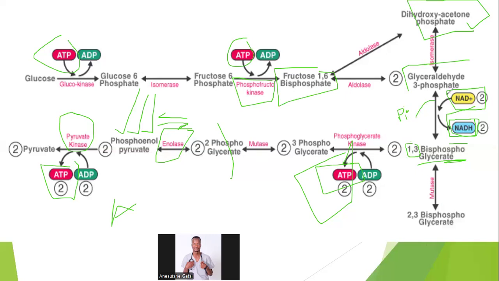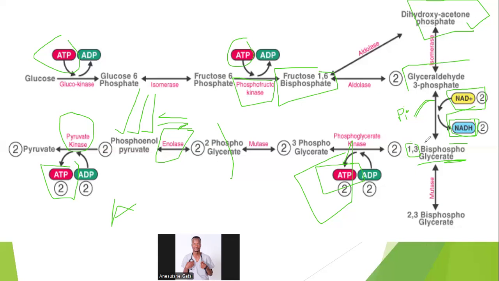Then we got an enzyme for this step, which is called GAP dehydrogenase, in the presence of a phosphate and NAD+. Since we added a phosphate, we then formed 1,3-bisphosphoglycerate. And since the enzyme was a dehydrogenase enzyme, we removed a hydrogen atom from the substrate and put it onto our NAD+ to form NADH.